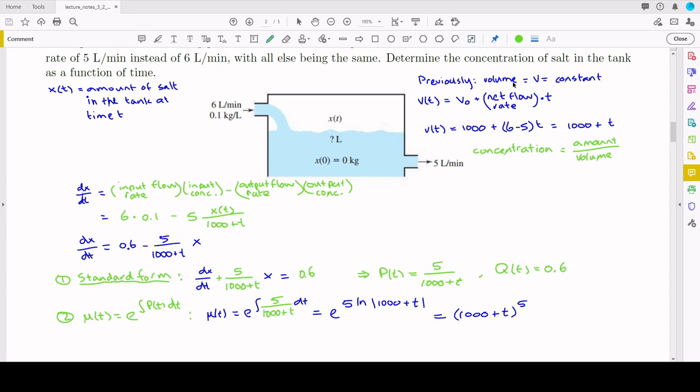Okay, so the third step that we're taking here is to actually find the solution using that formula. And so we just need to replace y of x by x of t.